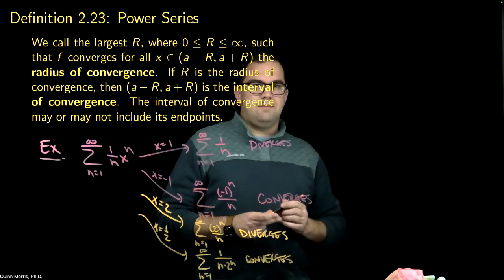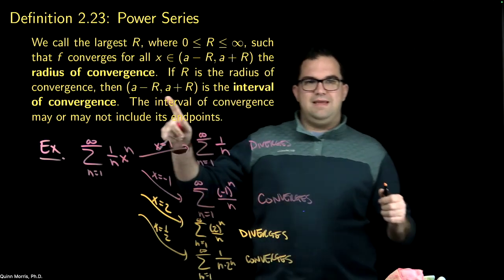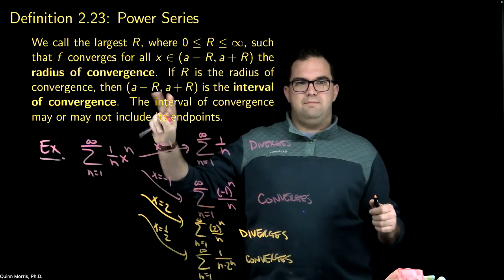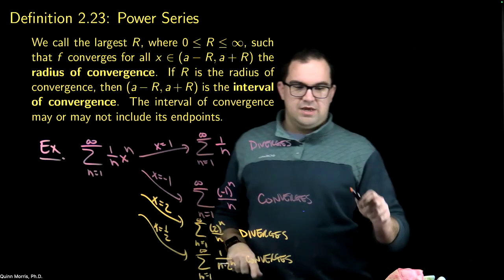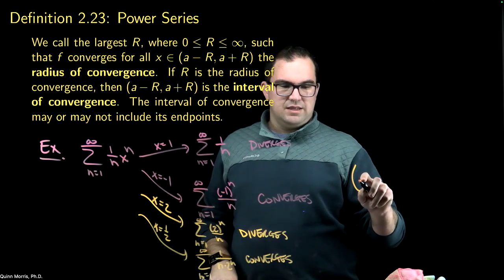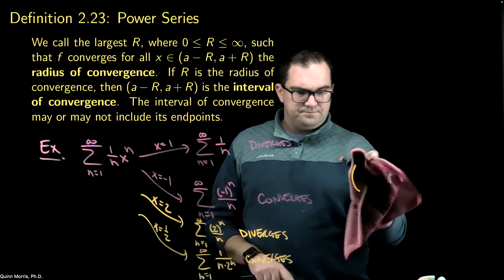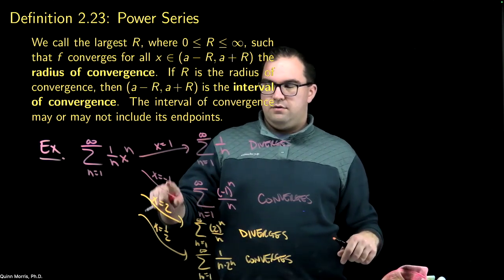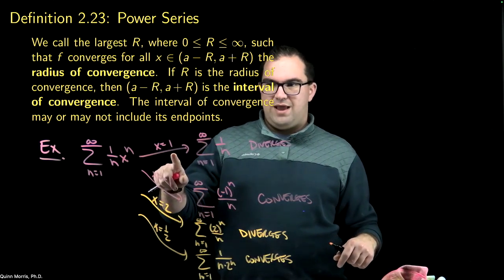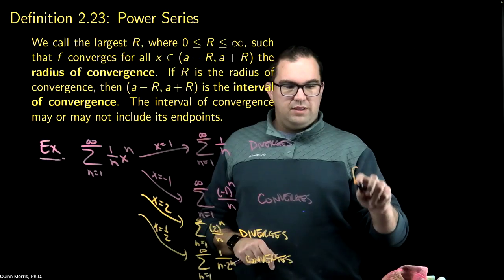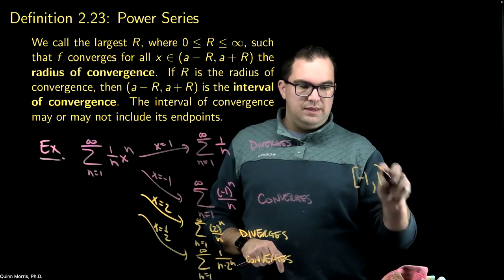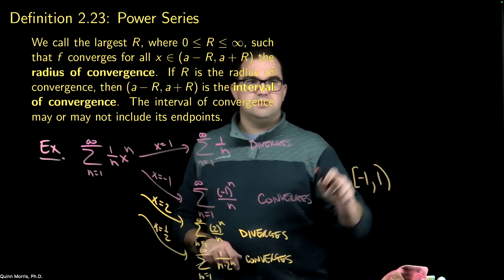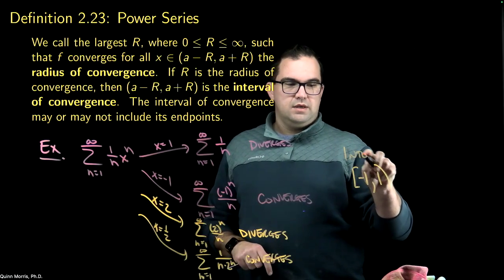Now, keeping in mind that we expect an interval of convergence, and it may or may not converge at the endpoints, you start to get the sense that this converges at -1, but not at 1, and I'm centered at 0. So that really only leaves me with the possibility that my interval of convergence is this.